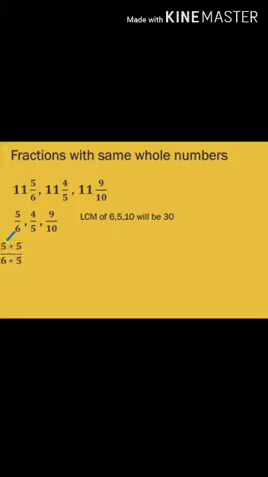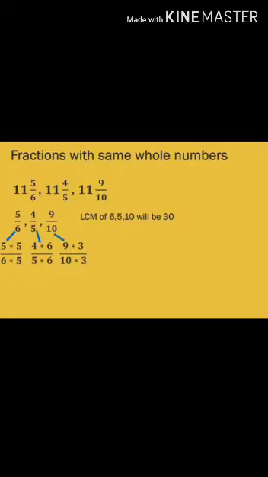Now the second fraction, 4 out of 5. To make 5 into 30, we multiply by 6, so we multiply 4 by 6 and 5 by 6. Now the third one, 9 out of 10. To make 10 into 30, we multiply by 3, so we multiply 9 by 3 as well as 10 by 3.